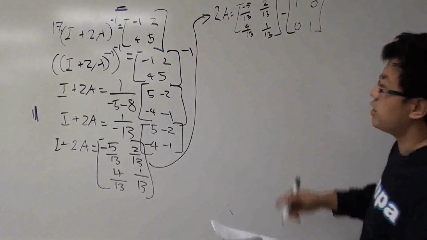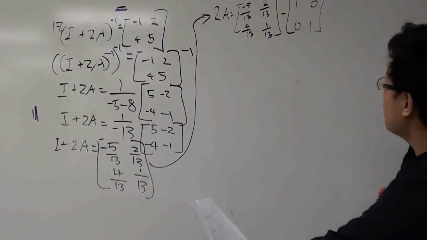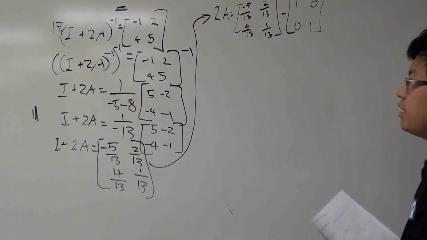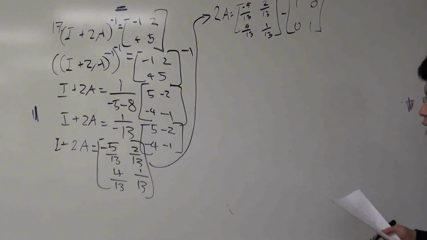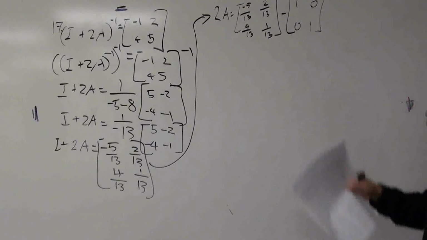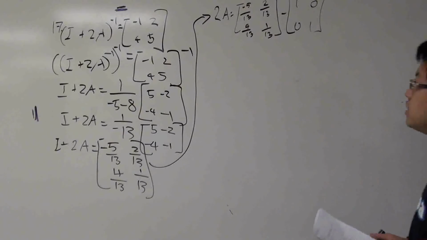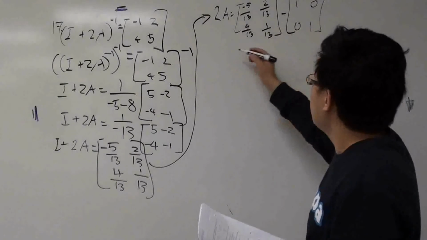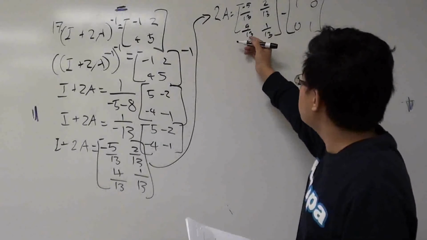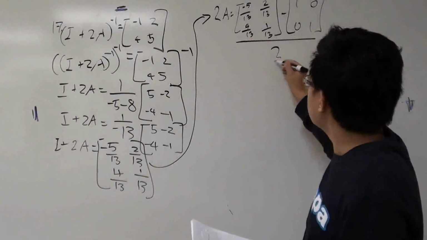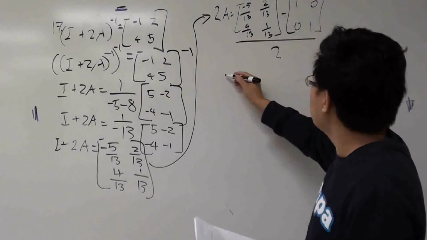I is just an identity matrix, right? So essentially, entries with the same row and the same column will be 1, everything else will be 0. So anyway, that's that. And then divide the whole thing by 2. This looks insane, but let's give it a try.